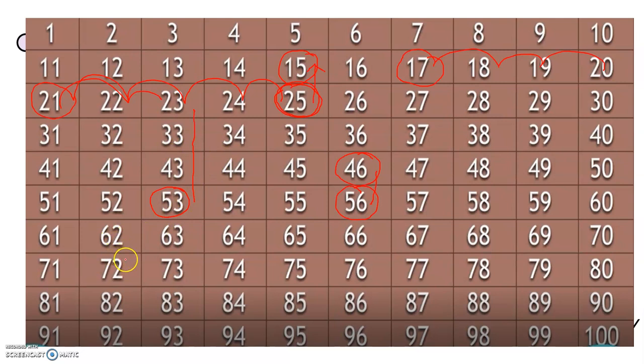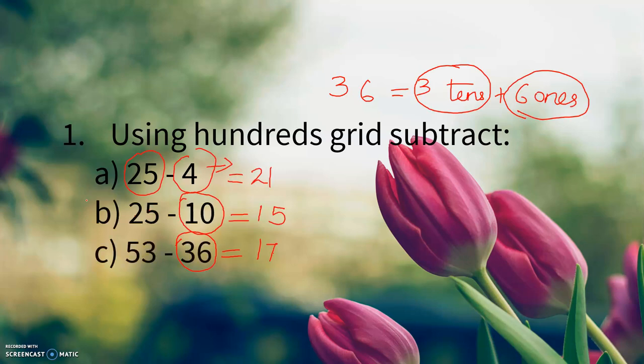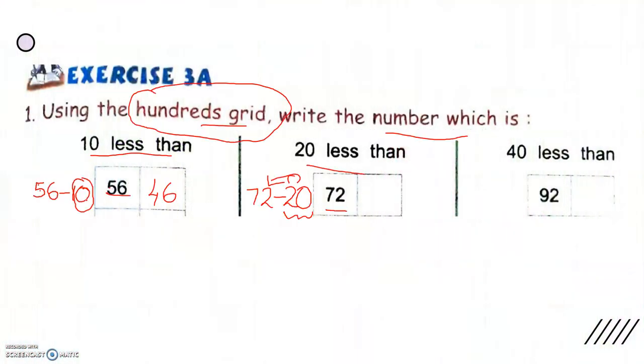First, put your finger on 72 and subtract 20. 20 is 2 times, so you have to move 2 steps upward, 1 and 2. So our answer is 52.